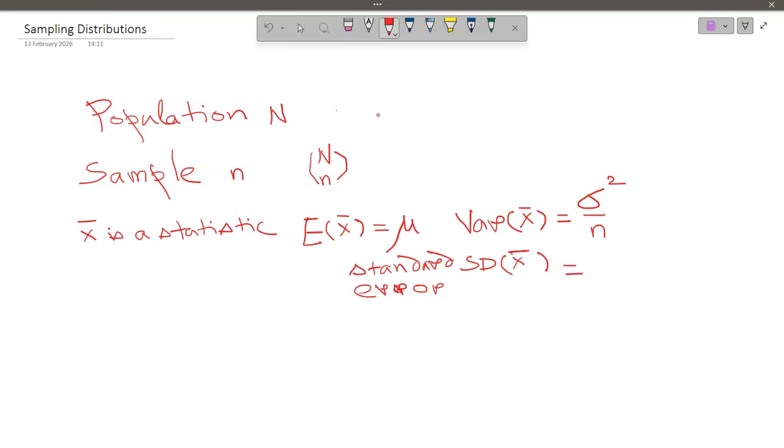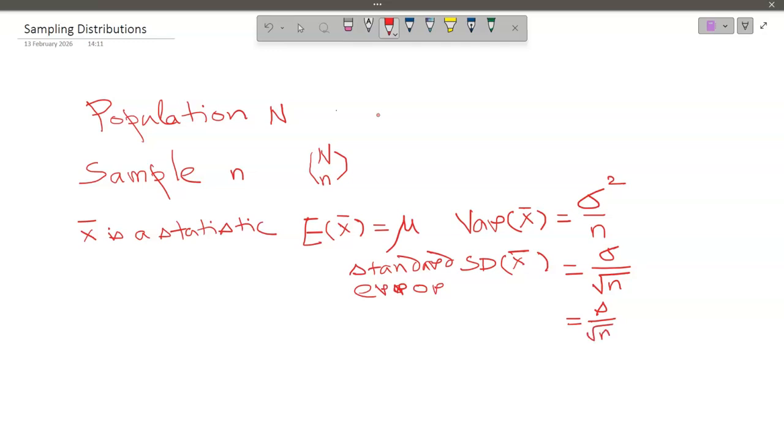And that is sigma by root n. That is known as standard error, if sigma is known. If sigma is unknown, this is equal to S, the sample standard deviation, by root n.